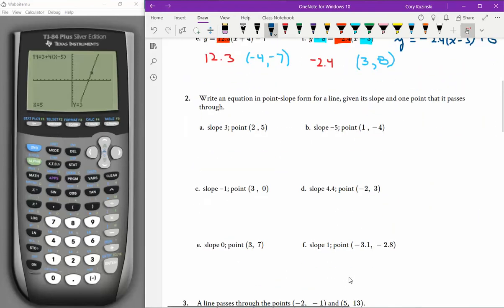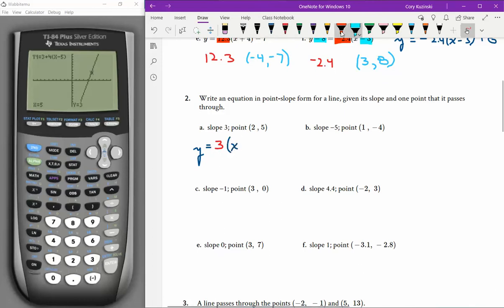All right, now we're going to write our own equations in point slope form of a line given its slope and 1 point that it passes through. So here we go. Let's go y equals our slope, which is 3, times x.